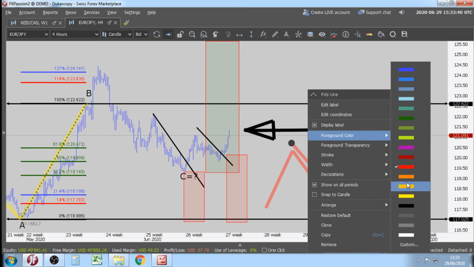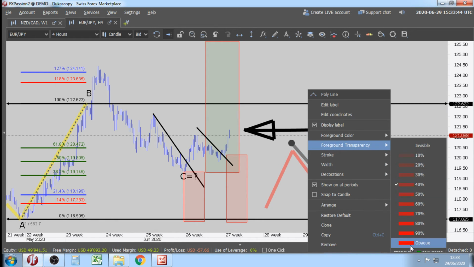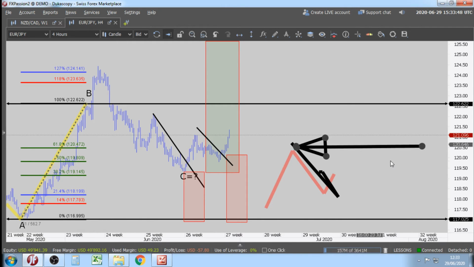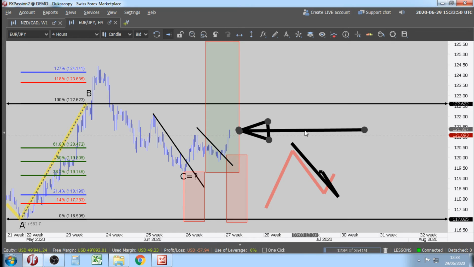Those are the best entries, everybody. So if you jump right now because the market is moving, you only hit 75%.